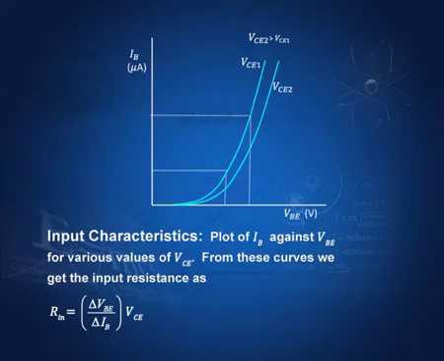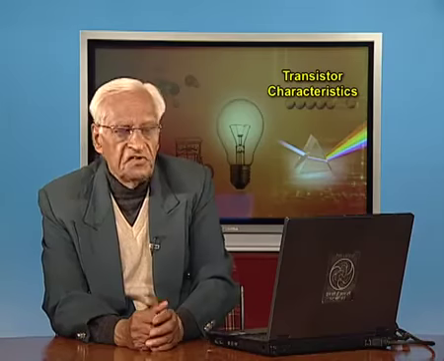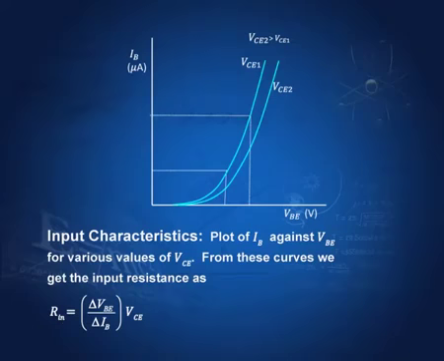It is delta VBE by delta IB, that is a small change in VBE divided by a small change in IB. So, suppose we take this curve for VCE1, then if we have these 2 points, VBE is this and IB is this. So, if we divide delta VBE by delta IB, then we get the input resistance.